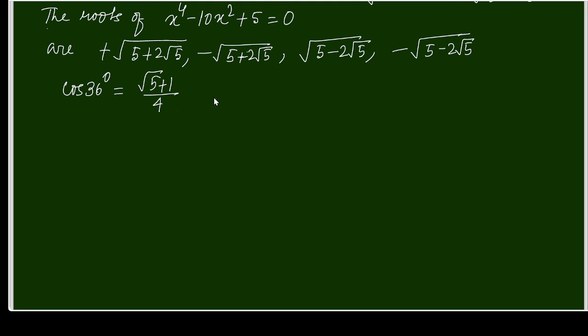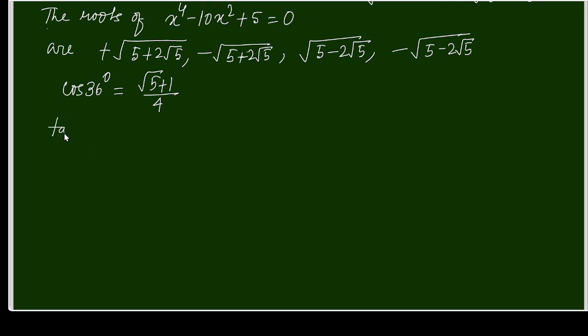You can also find this cos 36 by taking cos 18 degree or sine 18 degree and converting. We already have a video to prove this one. You can watch that, or if not, you can try it. So cos 36 is equal to square root 5 plus 1 by 4.